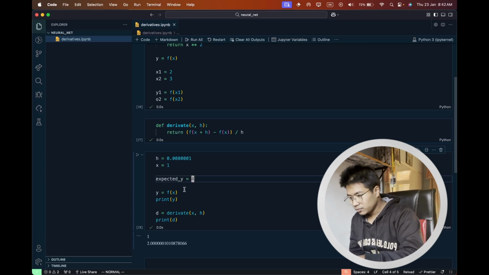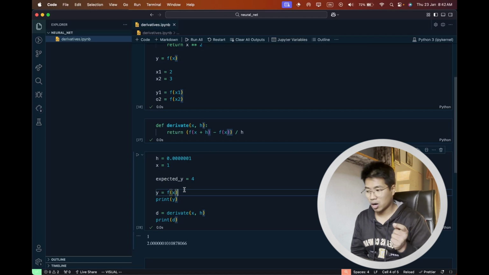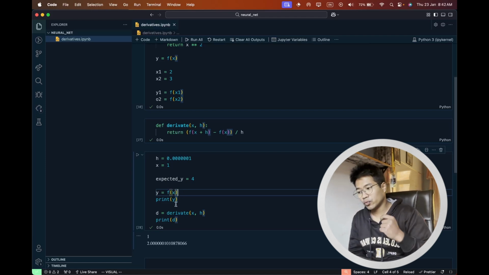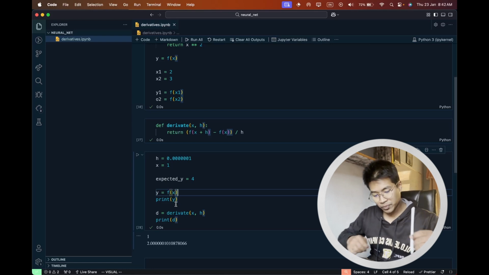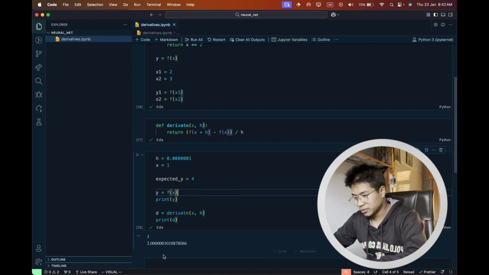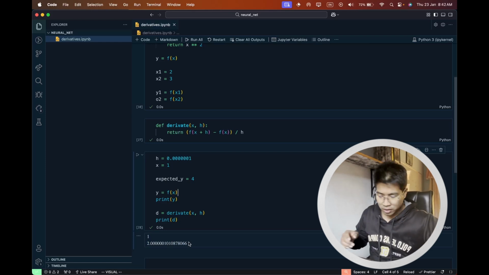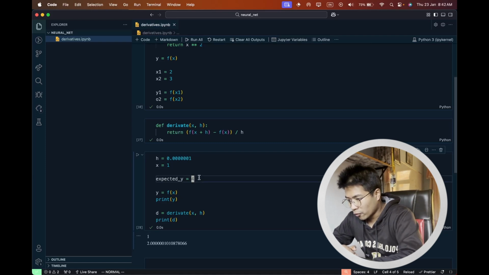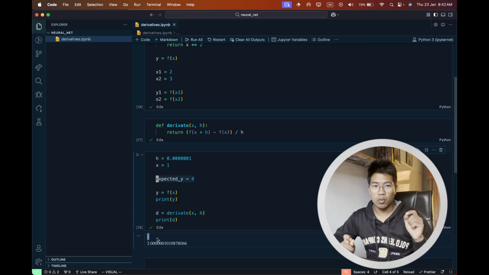Okay, if we expect to make our y value 4, what would you want to do to your x just by looking at the derivative? That derivative tells you that if your x value is increased, your y value should increase. Our expected y was a 4, right, and what we got was a 1.